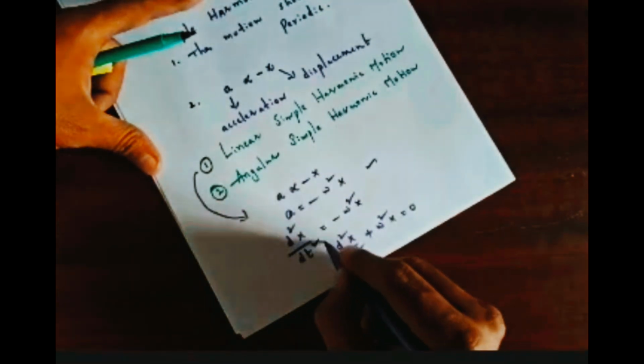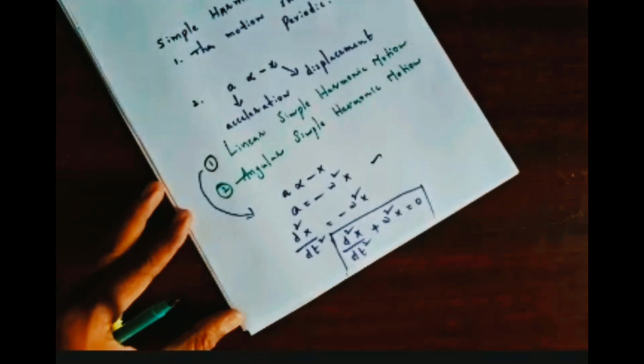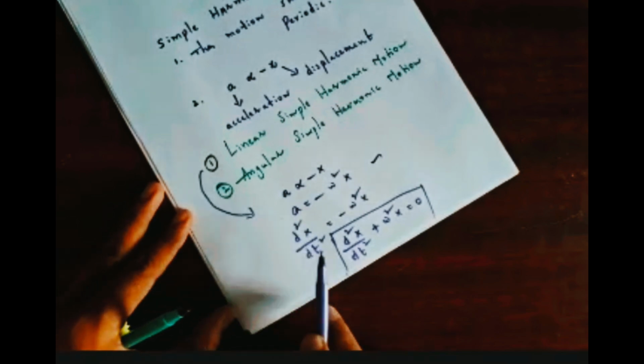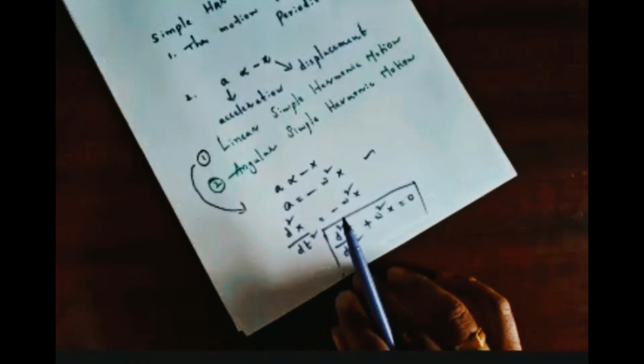And this is the condition of linear simple harmonic motion. You can also remember this as a is equal to minus omega square x. Okay, very simple topic. There is no confusion here.